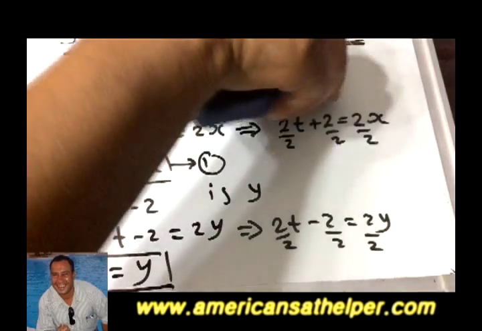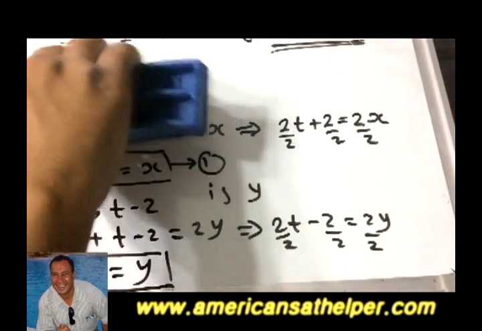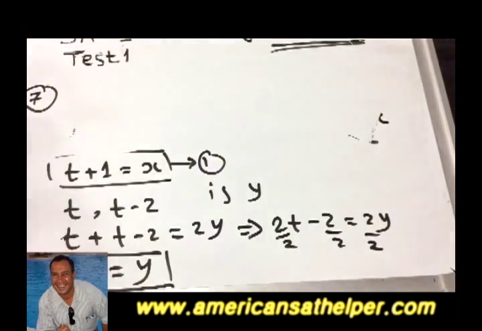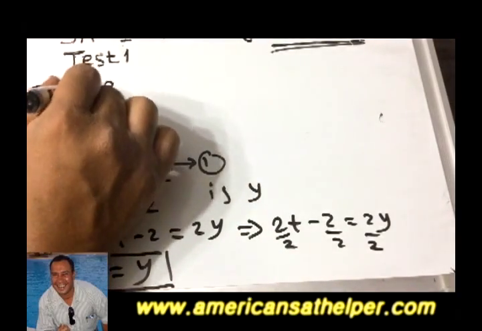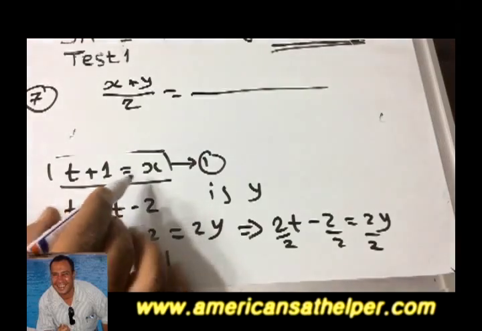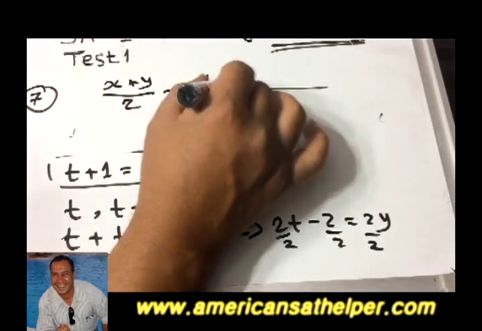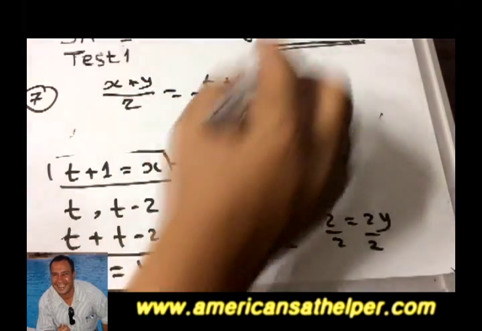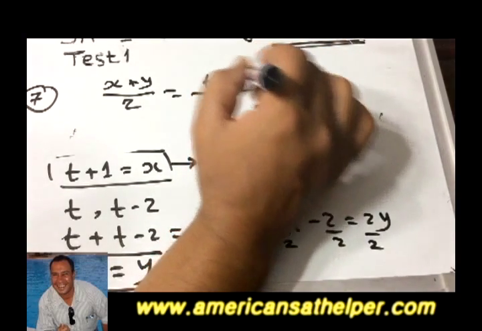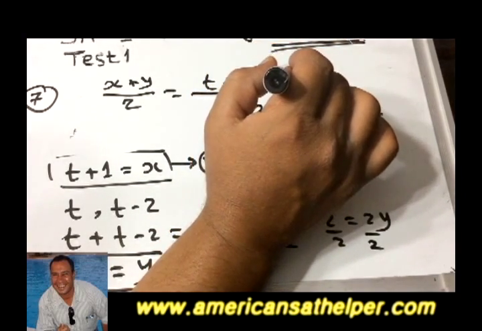And what he is asking about is the average of x and y. It means x plus y over 2 equals the value of x, t plus 1, plus the value of y, t minus 1, over 2. Minus 1 with 1, they cancel each other, the sum is 0.